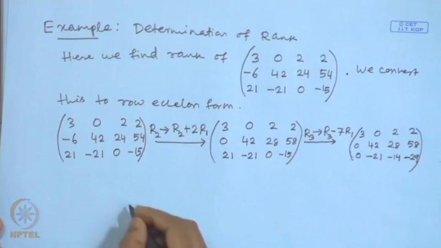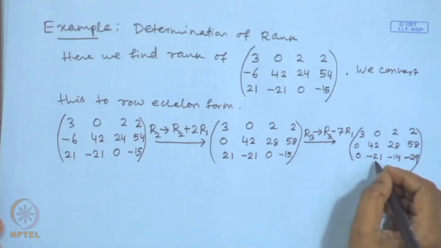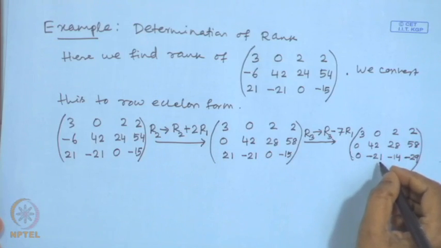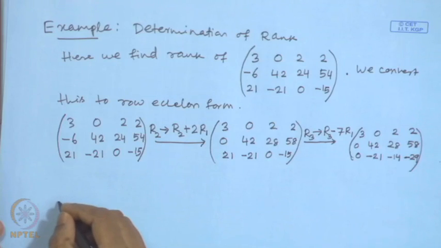So, this is not yet in echelon form, as the second entry in the third row we have to make 0.